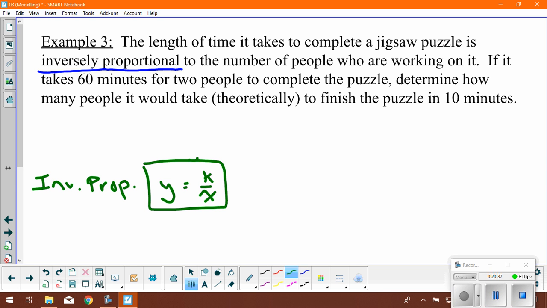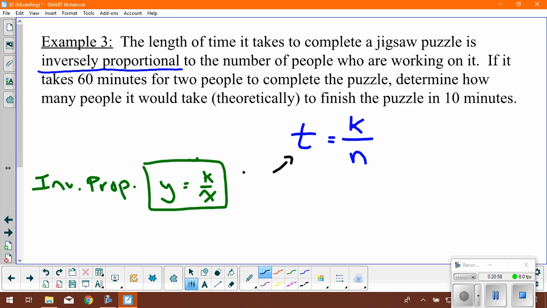Okay, we have the number of people and the time it takes to finish the puzzle. Okay, so again, if we use some variables that may make a little more sense in the situation, right? The time it takes to finish the puzzle is some constant divided by the number of people. Okay, let's use n for number while working on the puzzle.